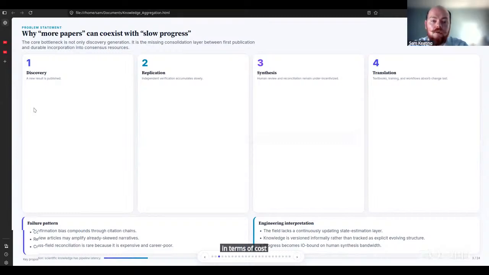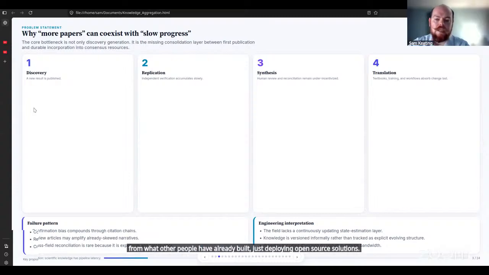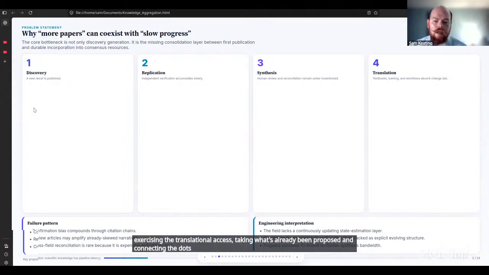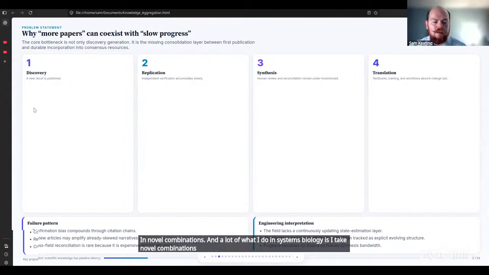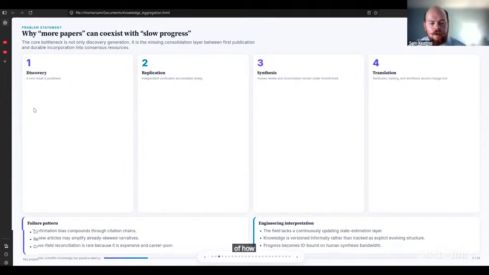But we already have the tools to be able to build up from what other people have already built, just deploying open source solutions, exercising the translational axis, taking what's already been proposed and connecting the dots in novel combinations. And a lot of what I do in systems biology is I take novel combinations of software tools and datasets and parameters of how you use the software tool or interpret and process the data.